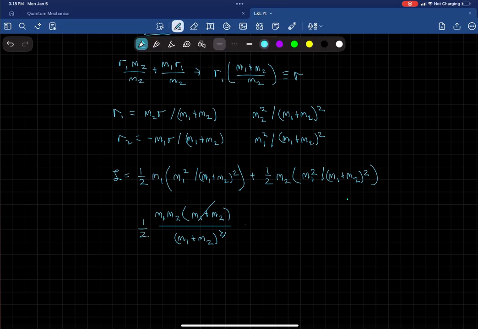So we now get our new Lagrangian, which would just be 1/2.